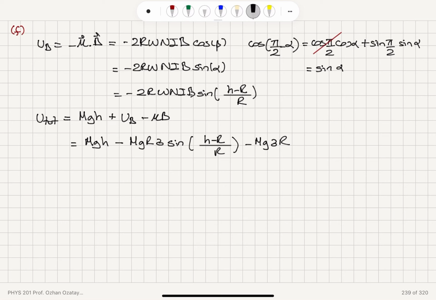So this total potential energy now becomes mgr times (h divided by r, minus sigma sine of (h over r minus 1), plus 1).